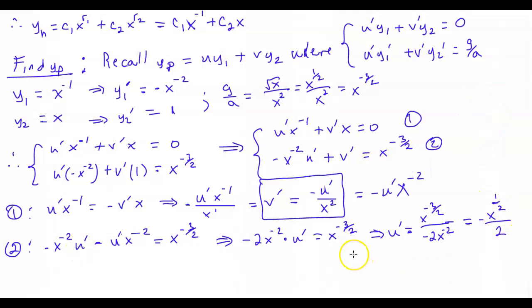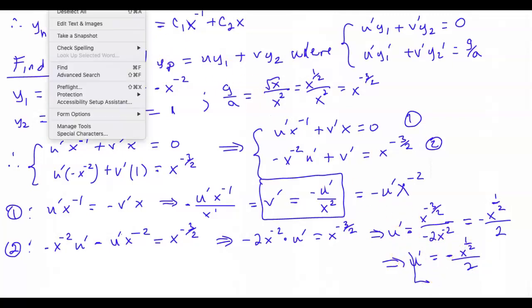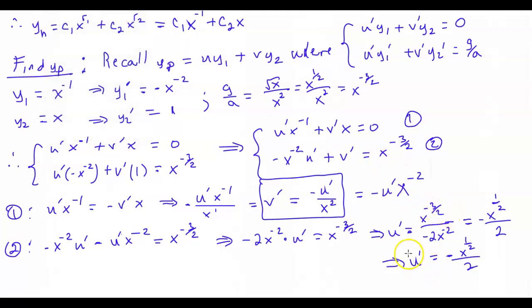All right, so from here we know that u prime is going to be negative x raised to the positive 1/2 divided by 2. We're going to use that info to figure out what v prime is by just subbing it in.